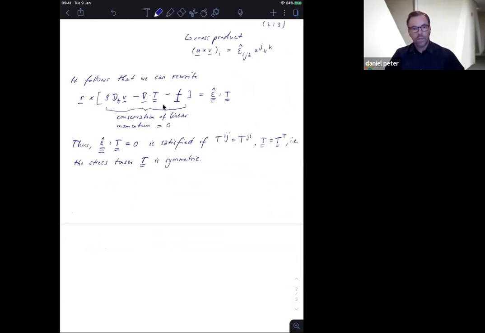So for an elastic body, what does that mean? For an elastic body, we have Hooke's law. Let's quickly look at Hooke's law.